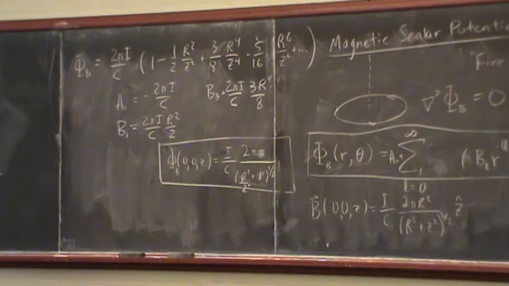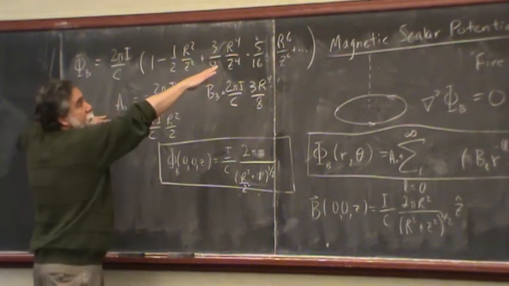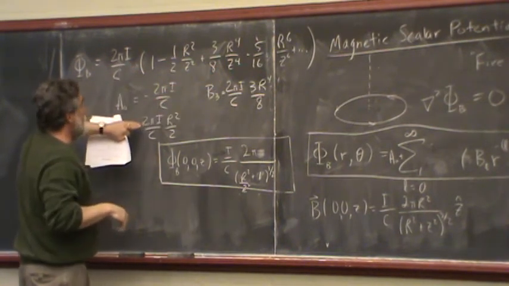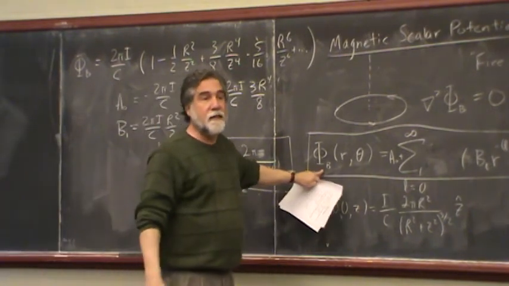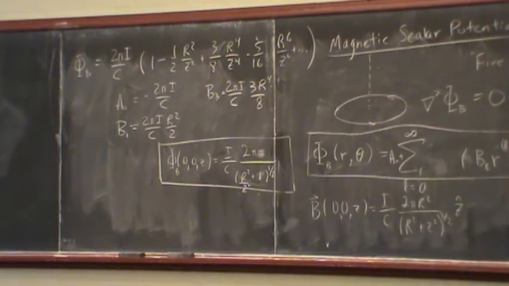So I actually have now, I can go term by term and figure out what the coefficients on each of the terms have got to be, right? And so I have now succeeded in expressing this scalar potential in terms of a whole sum in Legendre polynomials, right?